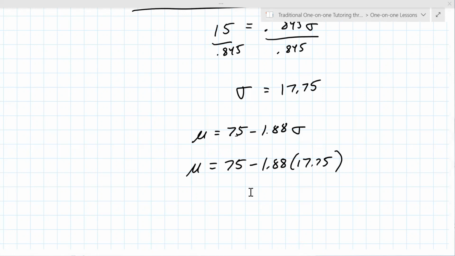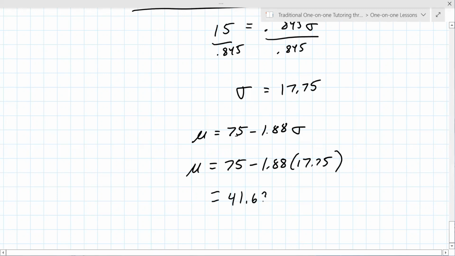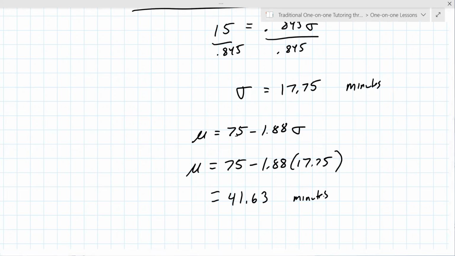And you get mu is about 41.63. Now units are important. I didn't specify that in the first version of this question, but you do want to include your units. It's minutes. The sigma and the mu always have the same units.